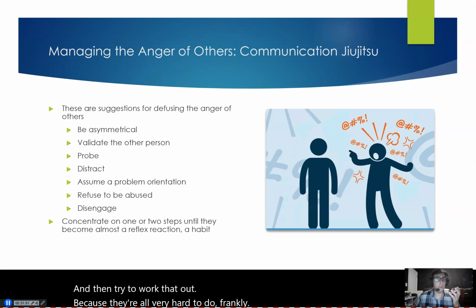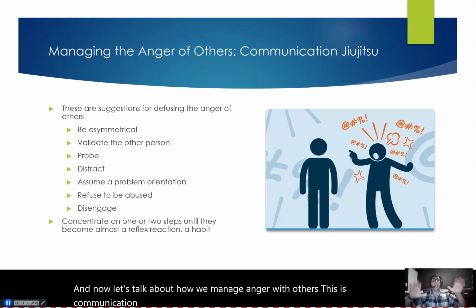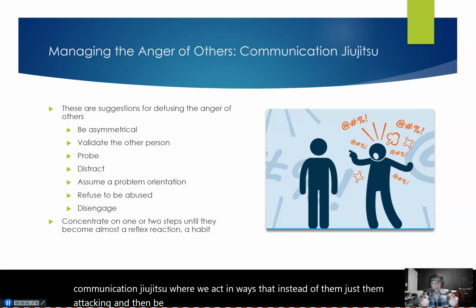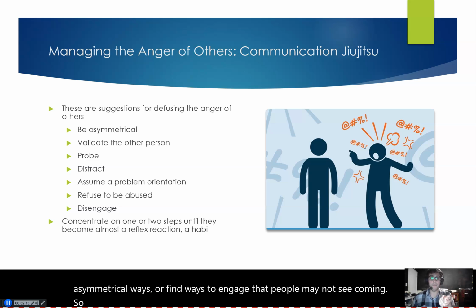And now let's talk about how we manage anger with others. This is communication jujitsu, where we act in ways that instead of them attacking and then me being symmetrical with that, instead we act in asymmetrical ways or find ways to engage that people may not see coming so that it therefore removes some of their anger. First, being asymmetrical.